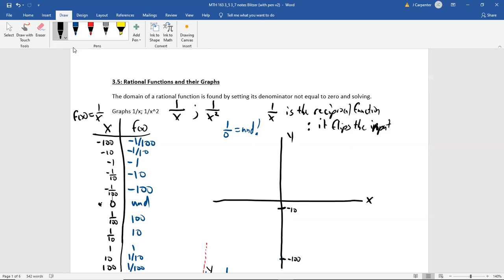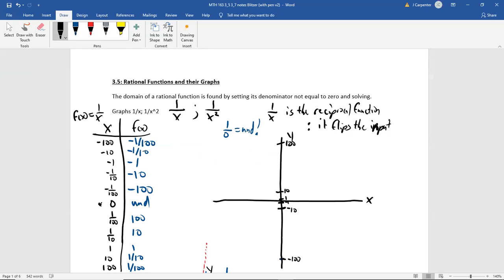Then I need to label -1, which is almost impossible for me to do. It's right there. Then I need to label the +1, which again is practically squeezing that axis. Then +10, and then +100 will be up here. And the x-axis, you'll have the same numbers being labeled, just they're not paired 100 with 100, 10 with 10.